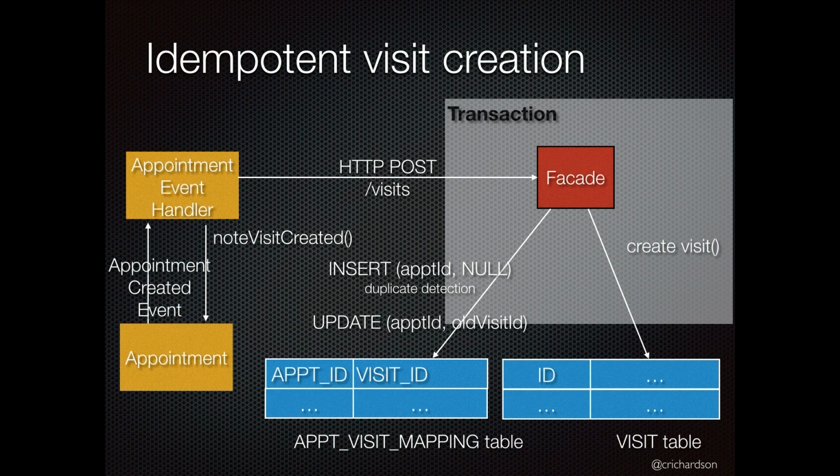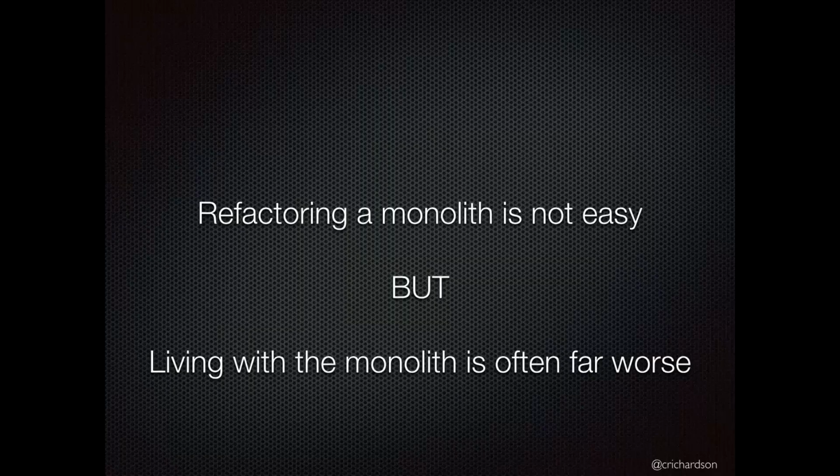So there's a strategy for reliably integrating a service with a monolithic application that can handle duplicate events in an idempotent fashion. It's quite likely that you would need to use strategies like this when you're implementing your own anti-corruption layer.